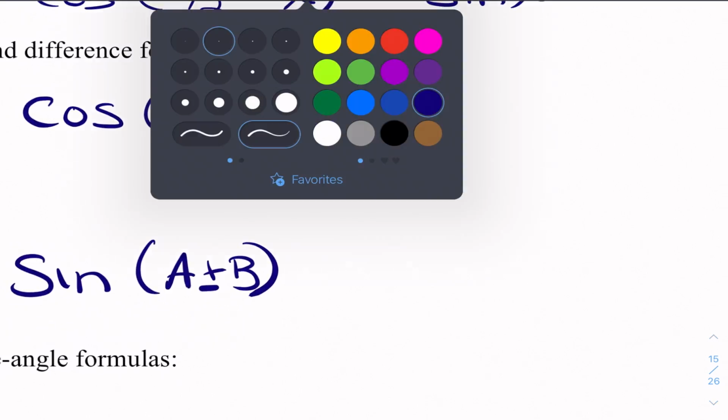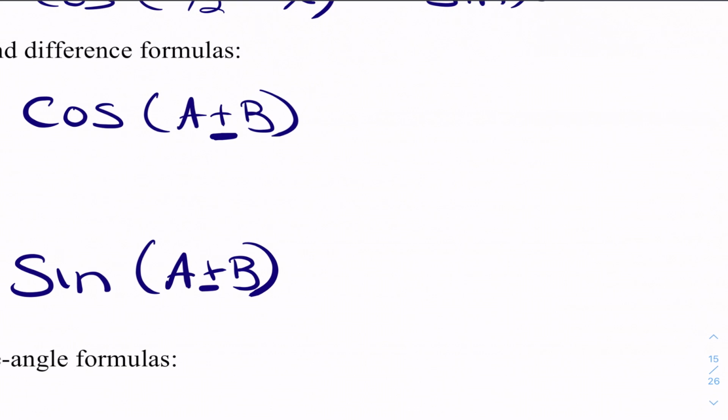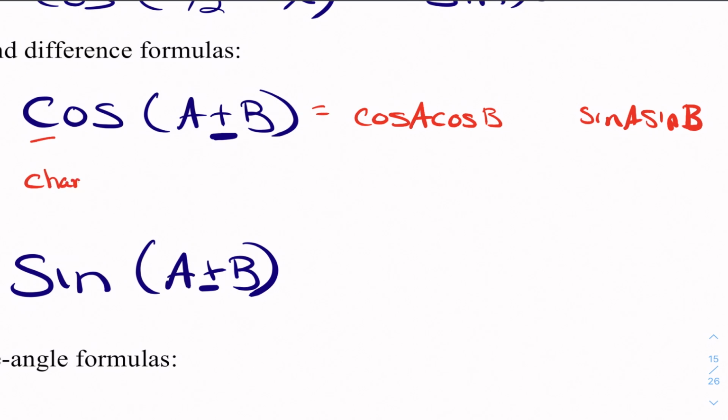Sine is slow, cosine is quick. So cosine for the sum or difference formula would be cos, cos, sine, sine. Cosine changes. So if we have a plus on the inside, it would be a subtraction sign in between the two. If it's subtraction, it would be addition.